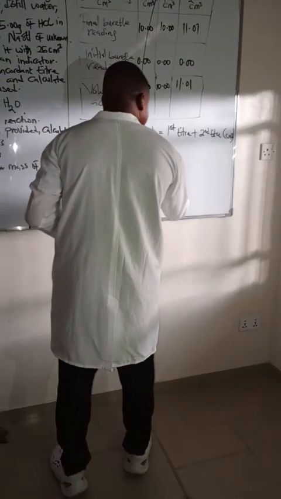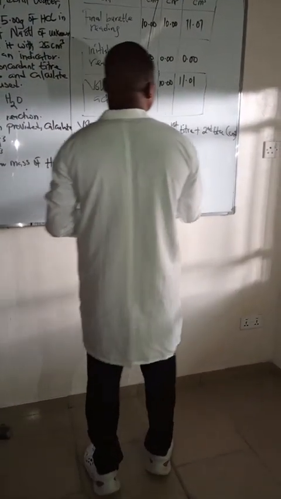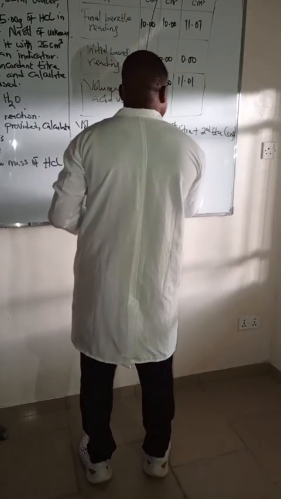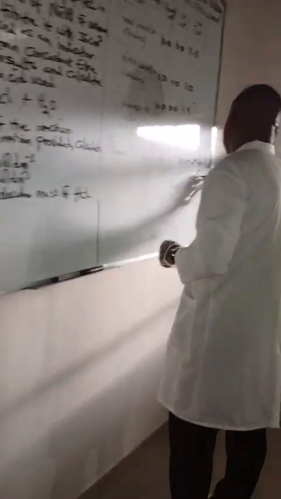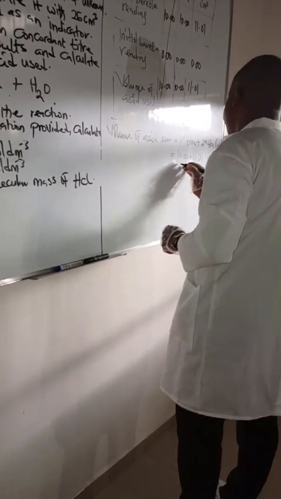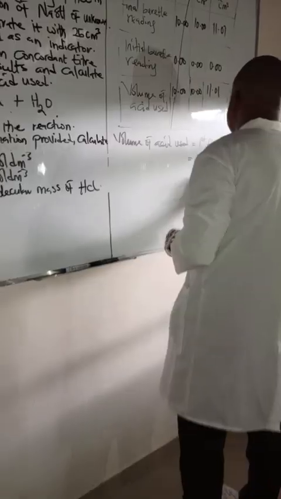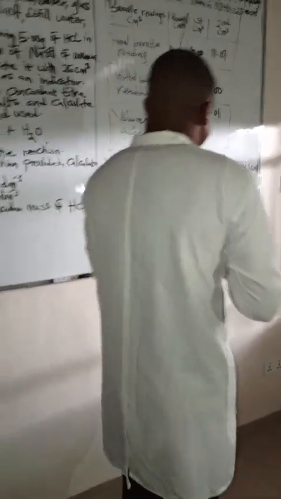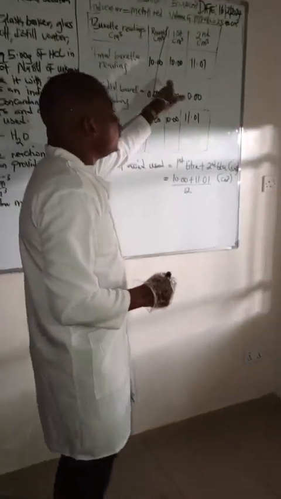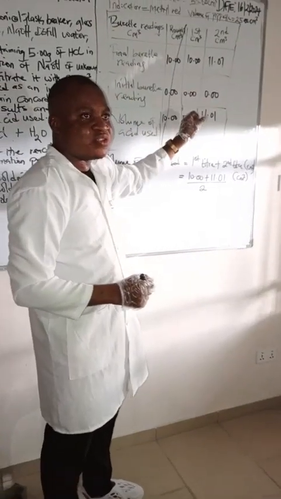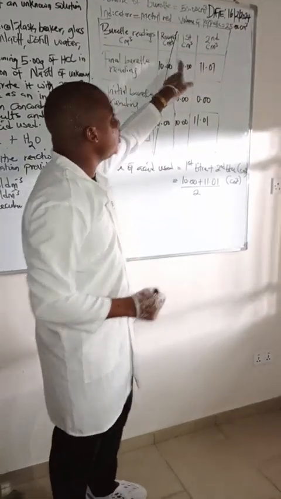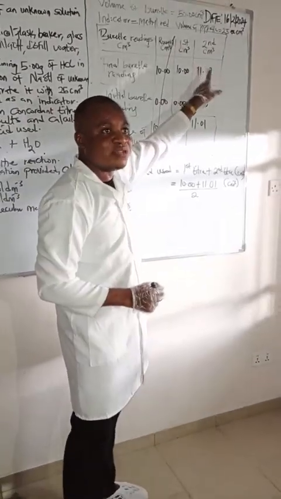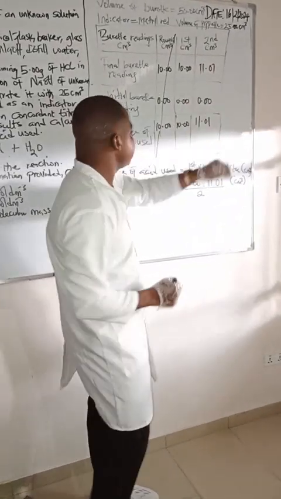So this will be equal to 10.00 plus 11.01, in cm cube, divided by 2. We are dividing it by 2 because we are making use of two concordant titrant values, the first and the second direct reading. Are you following? Yes, sir.